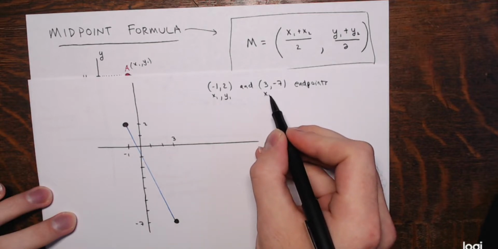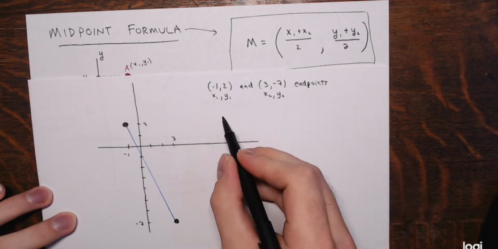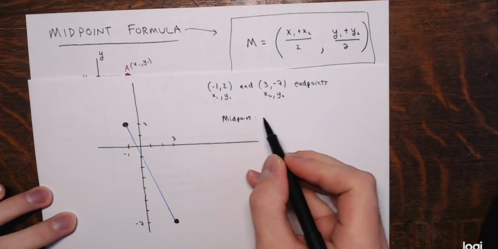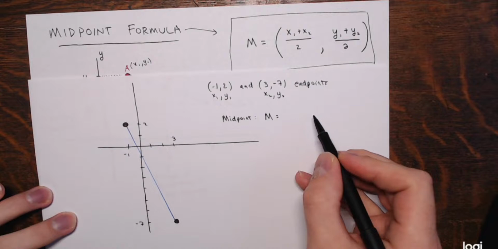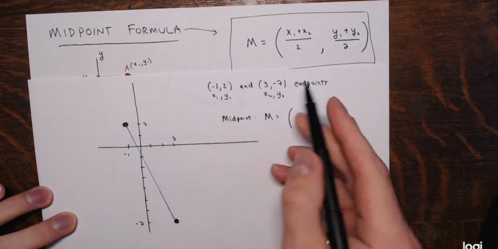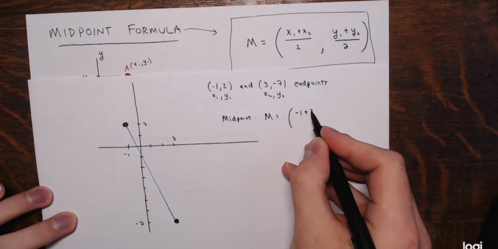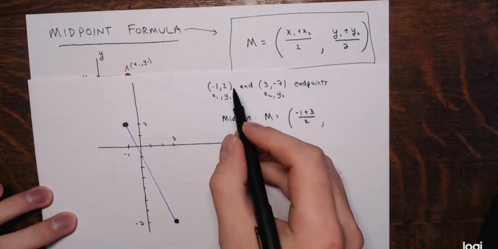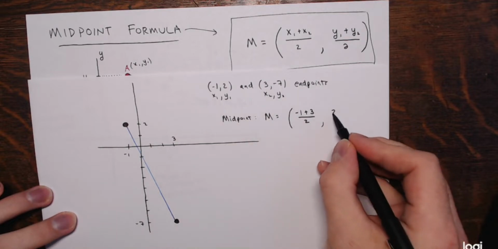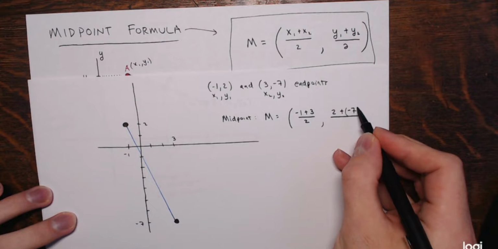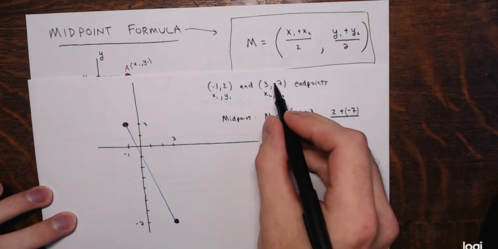So the midpoint, according to what I wrote on my previous page, I'll call point M, is the average of the x-coordinates, so negative 1 plus 3 divided by 2, and then the average of the y-coordinates, 2 plus negative 7, or negative 7 plus 2, doesn't matter, divided by 2.